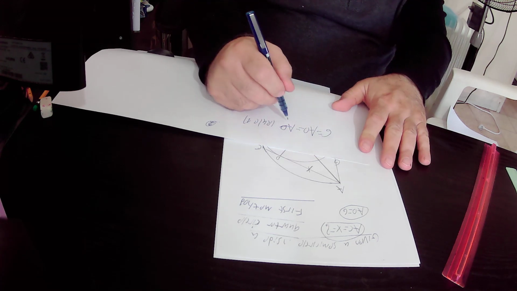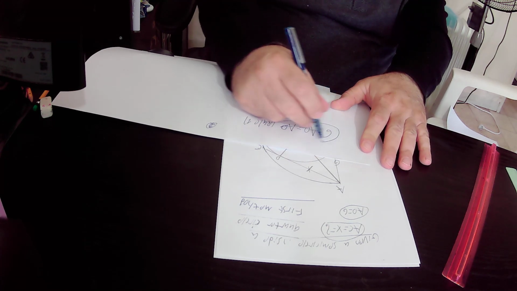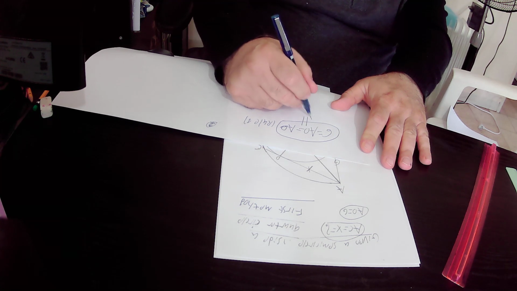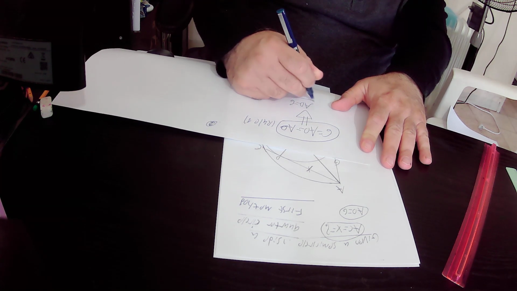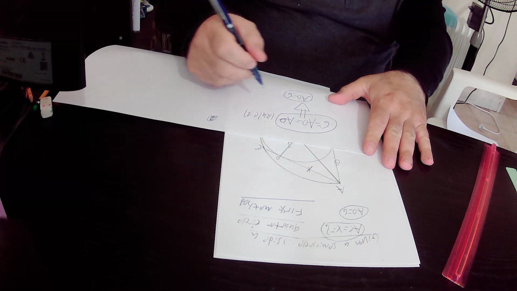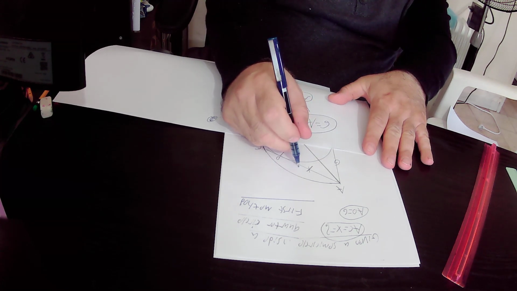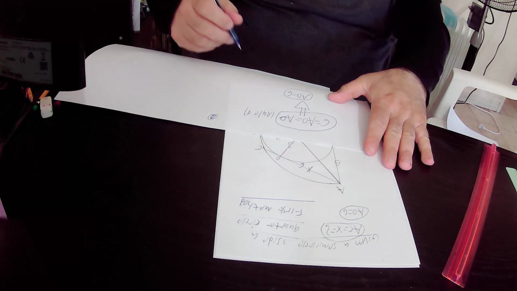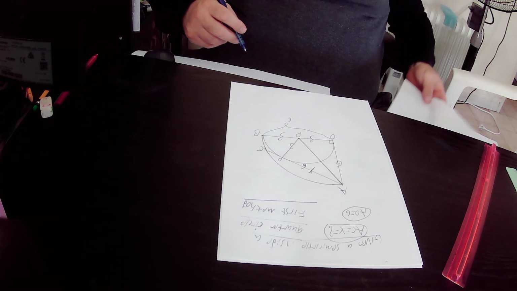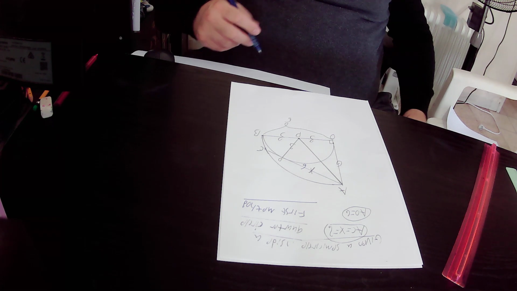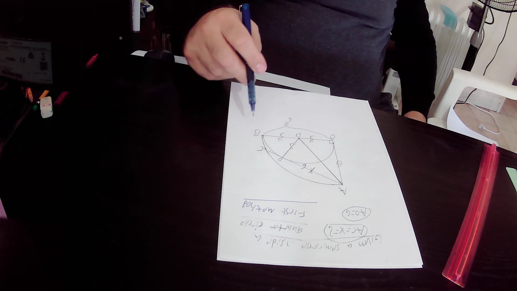So from this equation, 6 equals AO equals AD, we will derive that AD is also equal to 6 units. You should see that AD is not X, because X is AC.